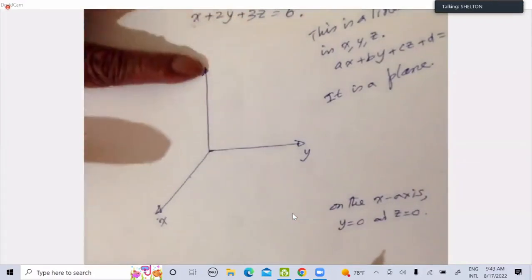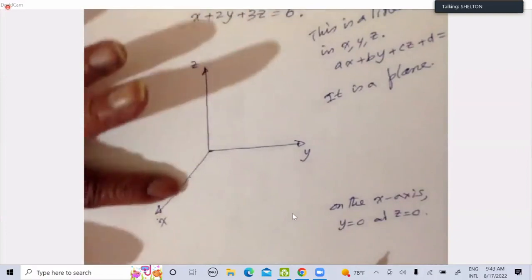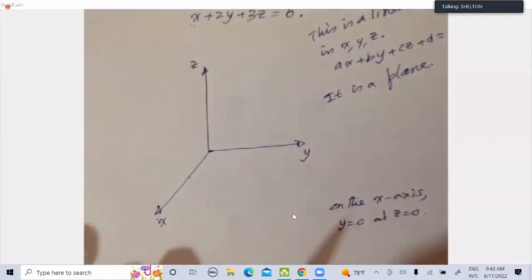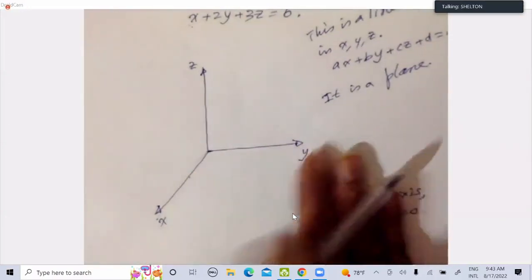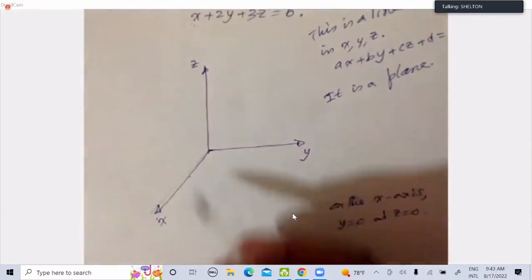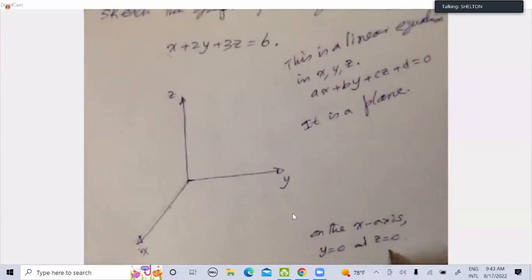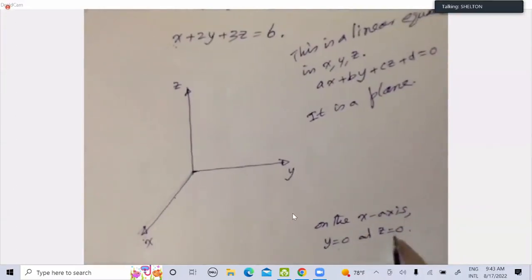The XZ plane, y coordinate is 0. So this line is the common line of intersection of those 2 planes. This line lies on both planes. So on this line, y is 0 and z is 0. That is how we understand that on the x-axis y is 0 and z is 0.